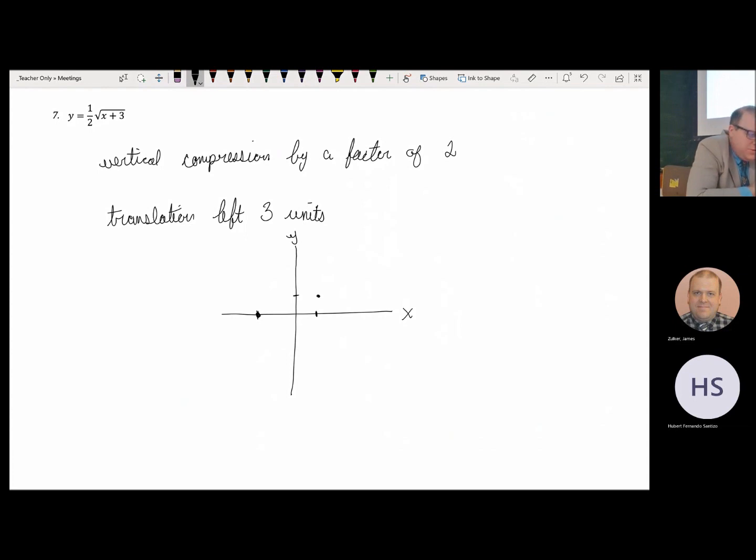Root 16 would be 2, and 16 is way off my scale, because I would need to put x equals 13 to get that.